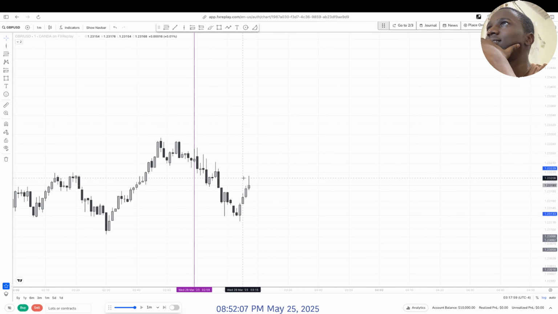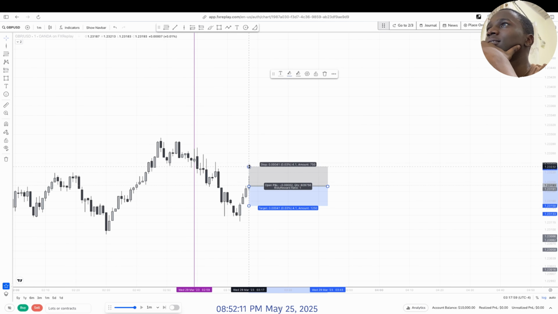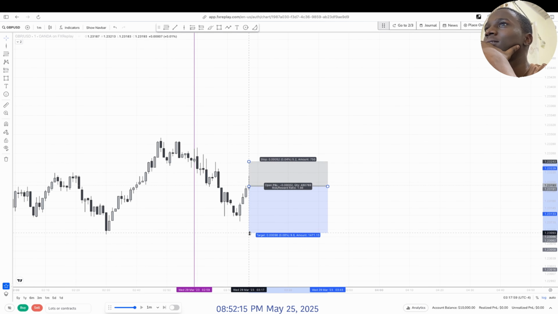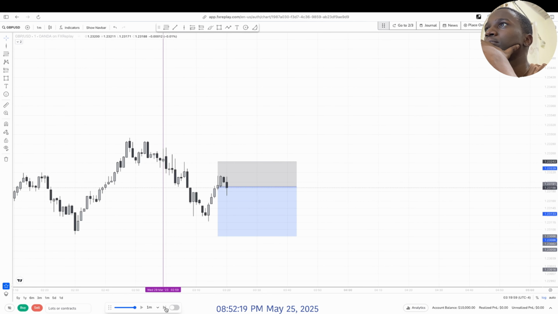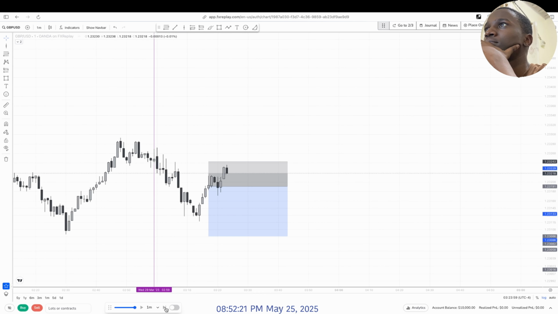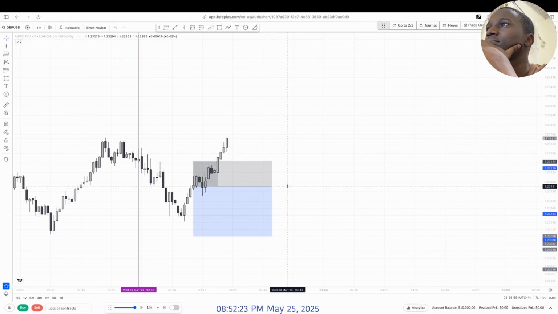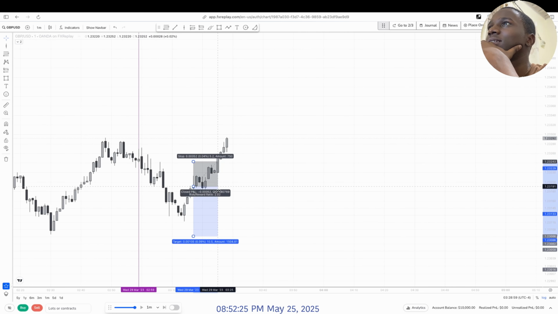We've retested it. We can have a sell. Stop loss right here. Target these lows as a 1 to 2. Yeah, just right here. So this one doesn't work out.